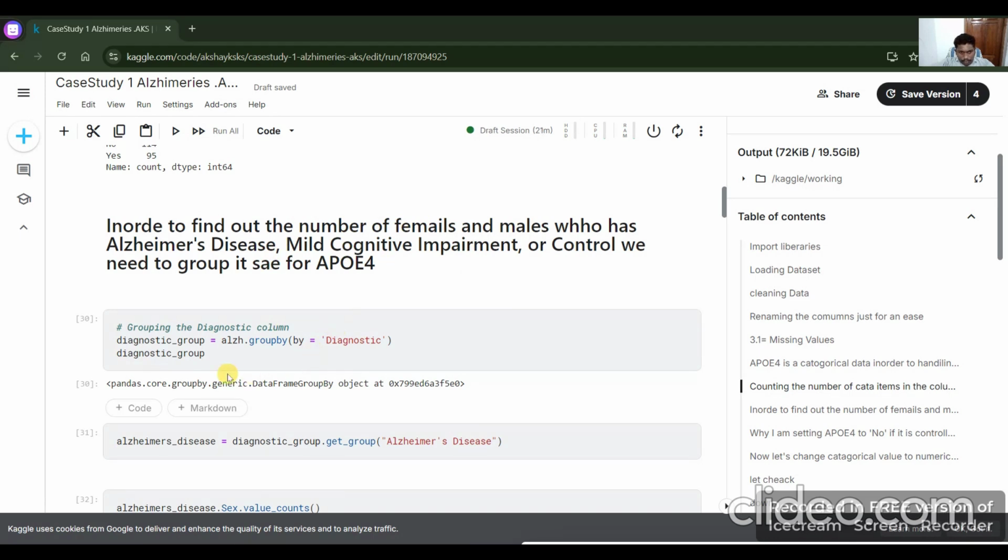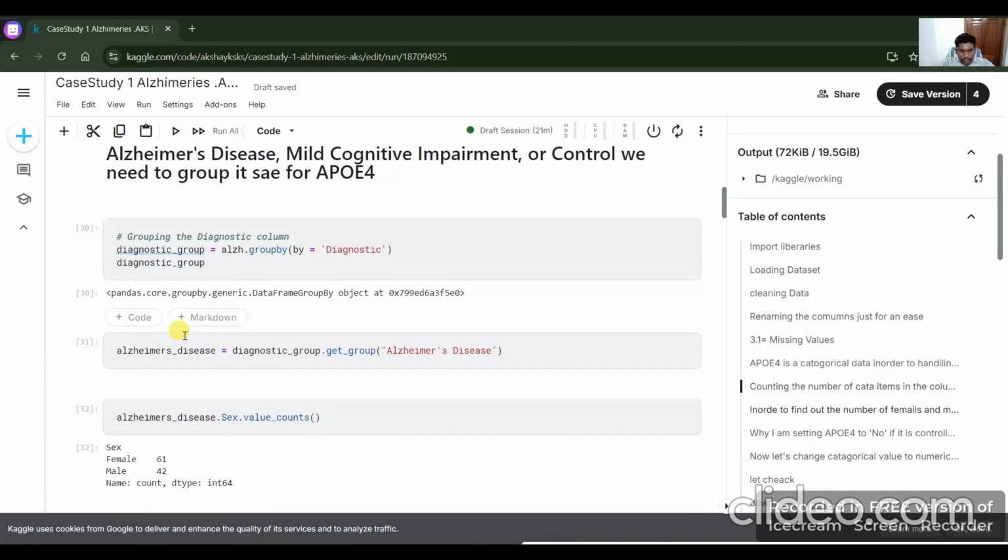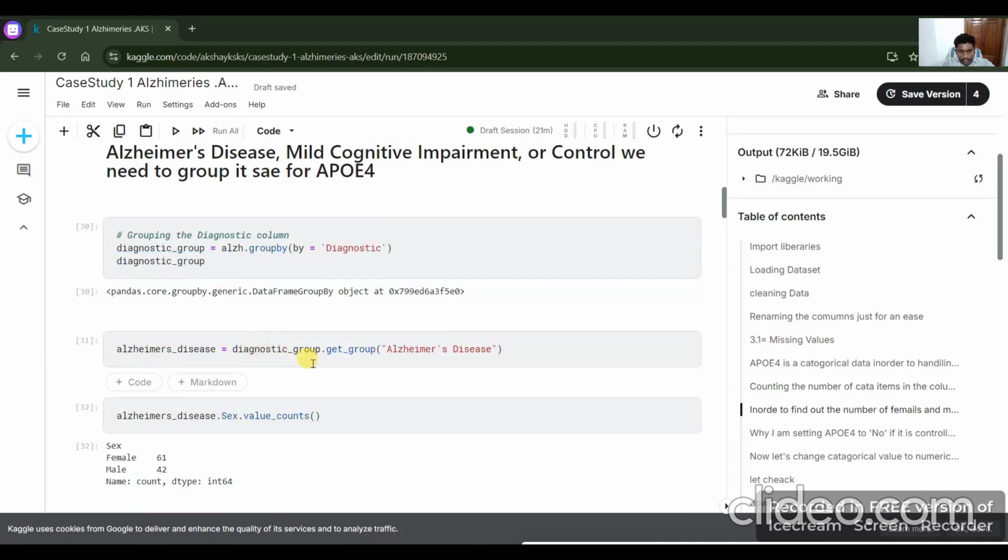Alzheimer's data grouping: diagnostics group get group Alzheimer's disease.